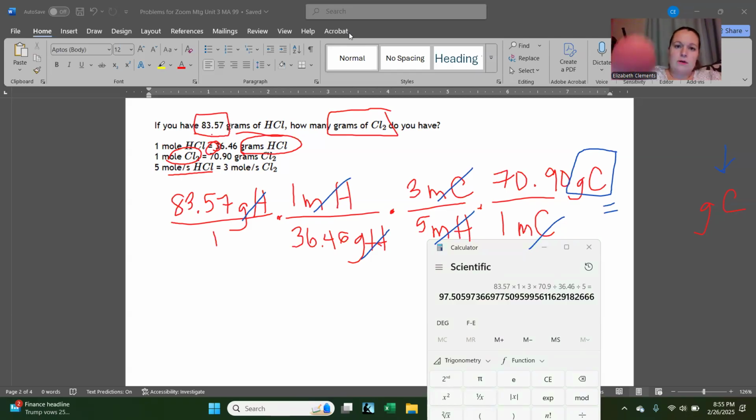So now we have 97.50. To round to 2 decimal places, I look at the third one. It's a 5, and 5 and above makes me round the number before it up 1. So that's going to be 0.51. That 0 turns to a 1, and that's our answer there.